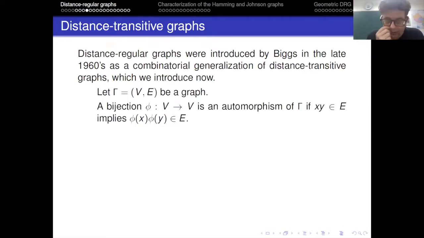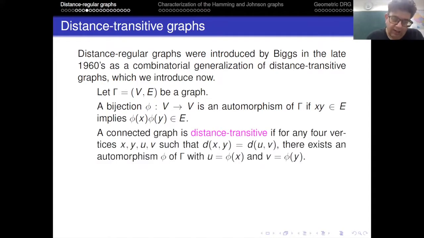So I will look at a graph, and an automorphism is a bijection of V to V so that if xy is an edge, then the image is also an edge. A connected graph is distance transitive if for any vertices x, y, u, v such that the distance between x and y is equal to the distance between u and v, there exists an automorphism such that the image of x is u and the image of y is v.